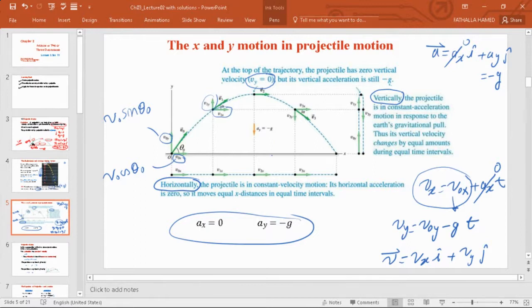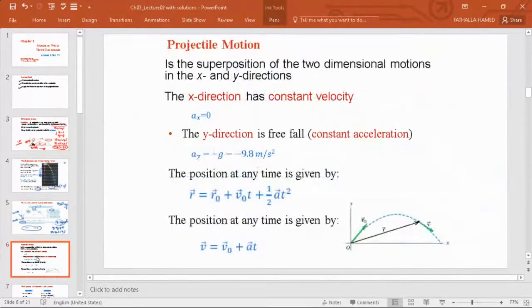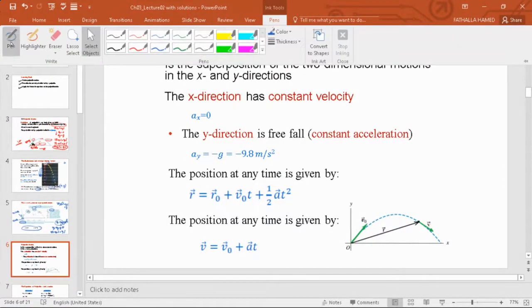But in the case of projectile motion like this, when you look at your trajectory, the x component is not going to change because the ax is equal to 0, but the y component is going to change, and that's why you say at the highest point, the velocity is not 0, but the y component of the velocity is 0. So as you can see here, at the highest point, you still have a velocity, but the y component is what is 0.